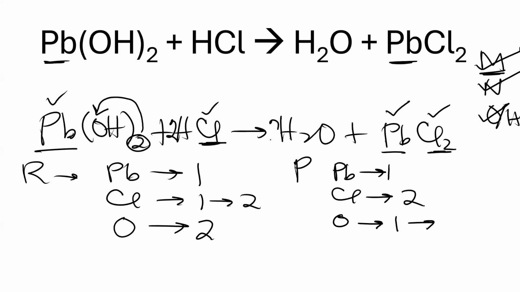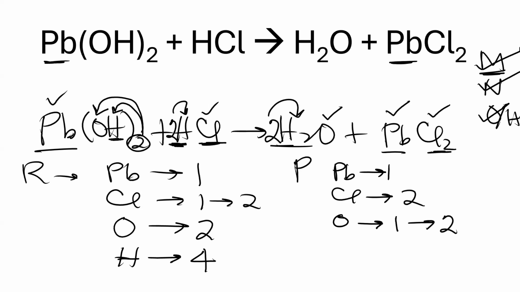So to balance it out, we write 2 here so that we'll have 2 oxygen atoms balancing the number of oxygen atoms in your product and reactant side. For hydrogen, we have 2 times 1 for the OH, for the hydroxide ion, so that's 2, plus 2 for your hydrochloric acid, so that gives 4 hydrogen atoms.